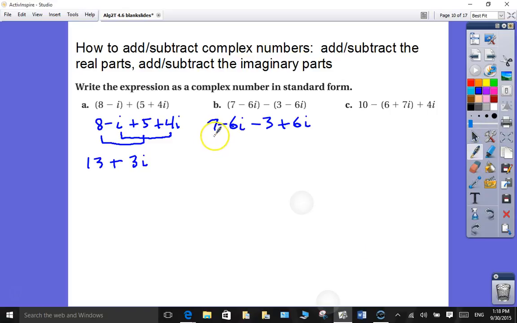So the real parts are 7 minus 3. The imaginary parts are negative 6i plus 6i. So 7 minus 3 is 4. Negative 6i plus 6i cancel. So the answer is 4. You don't need to write 4 plus 0i, you just say 4. That's it.